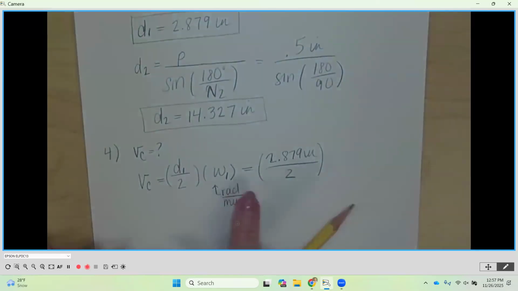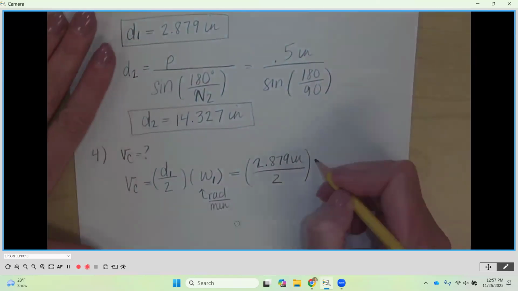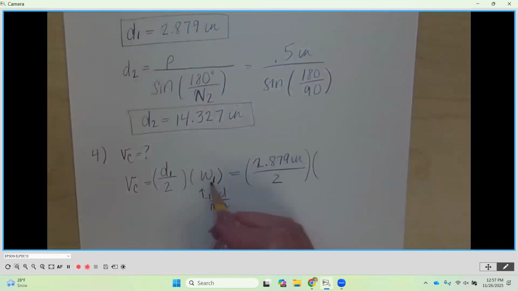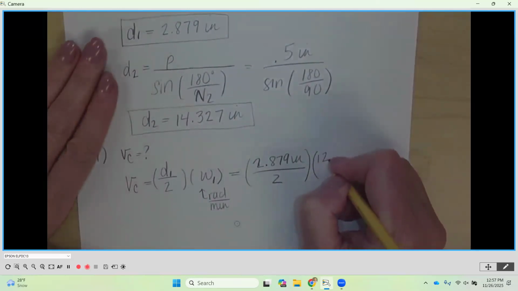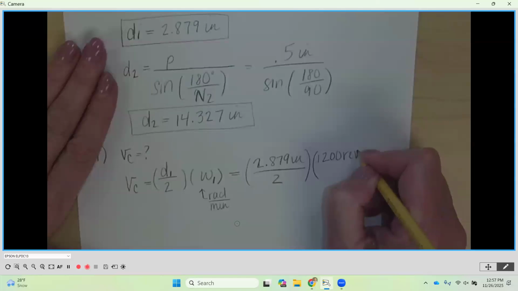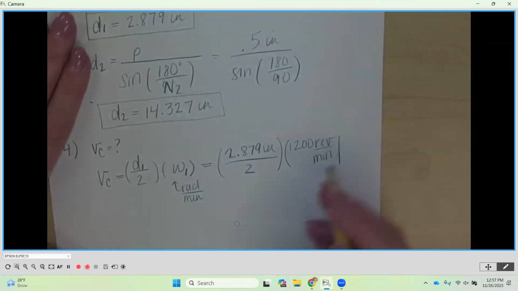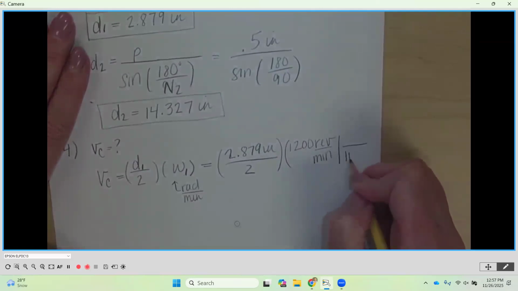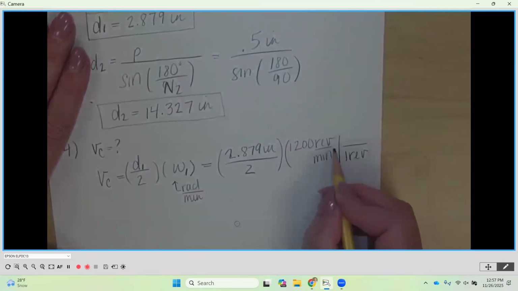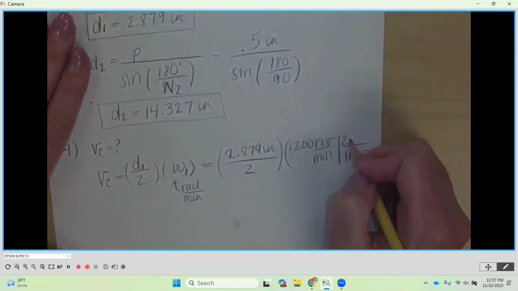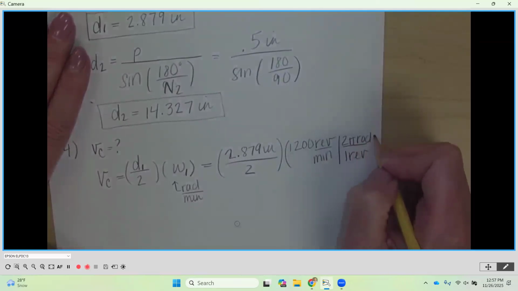So I'm going to do that conversion right here in the equation. I know that my W1 was 1,200 revolutions per minute. So I'm going to do my conversion to radians per minute. That means I have 1 revolution on the bottom because we need it to cancel, and 2 pi radians.